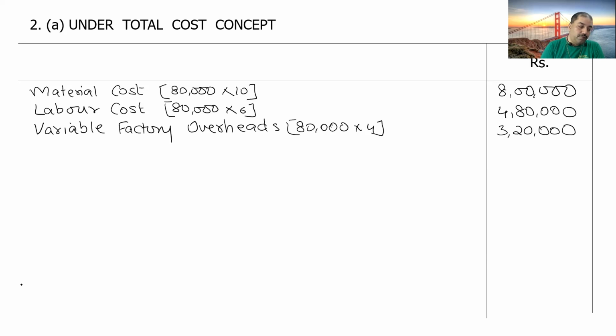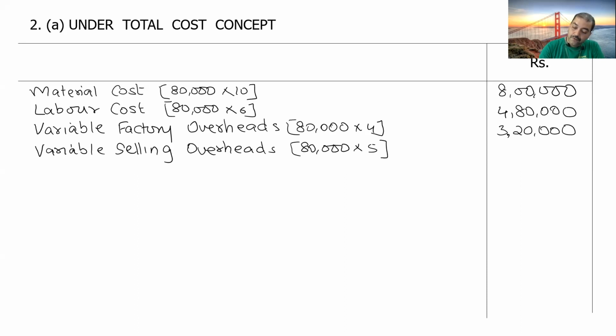Variable selling overheads: 80,000 into 5, 4 lakhs. 8 and 4, 12, 15, 19, 20 lakhs.